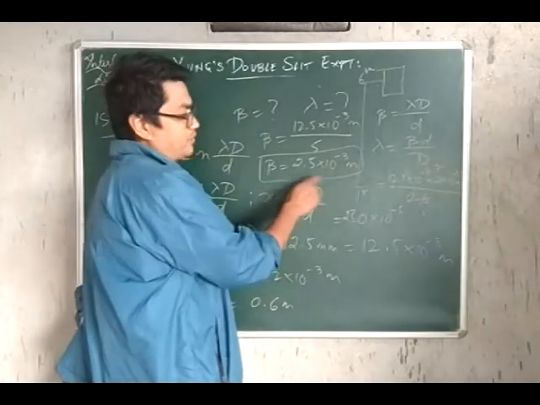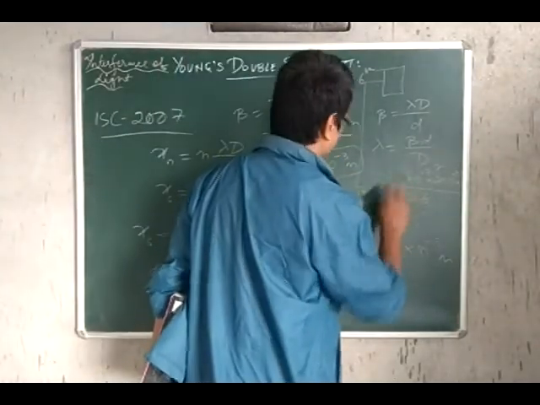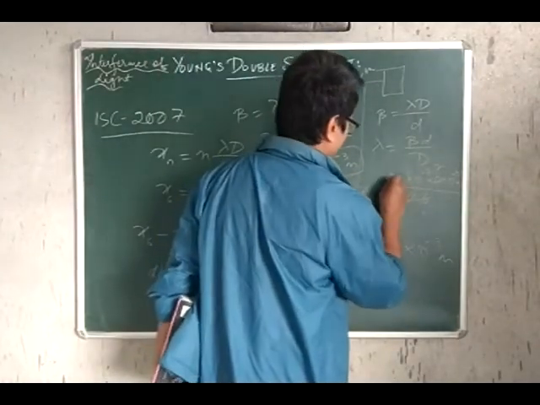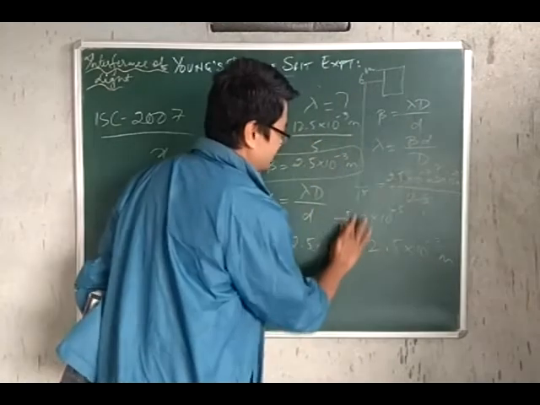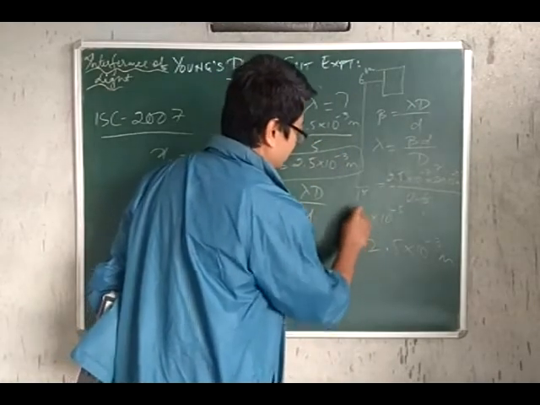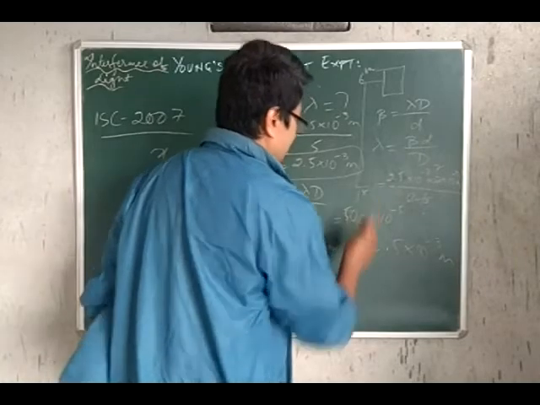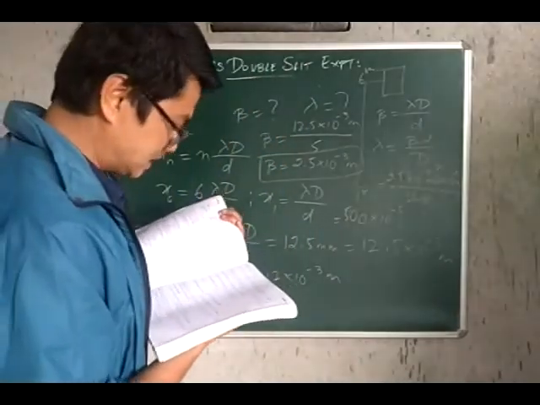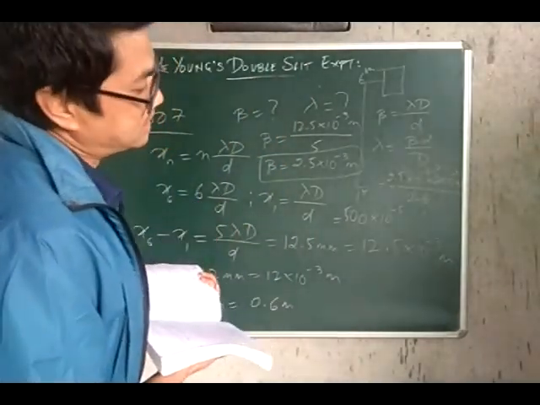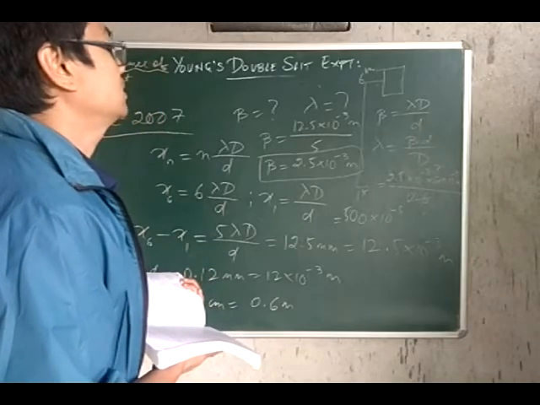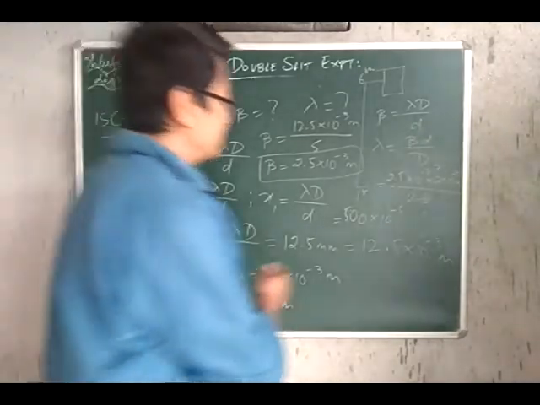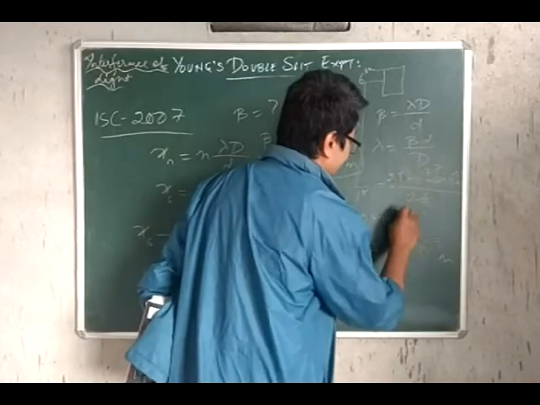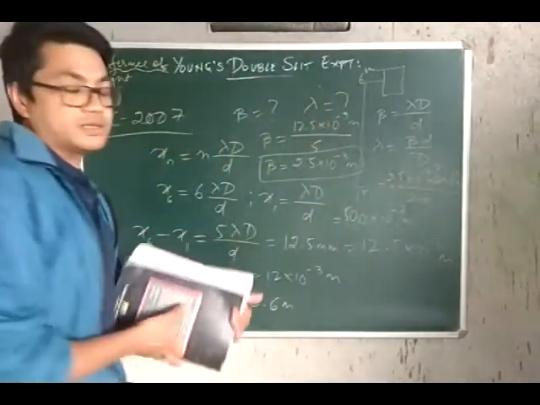Beta is 2.5, I substituted 12.5. It should be 2.5, and it comes out to be 500 into 10 to the power minus 7 meters.